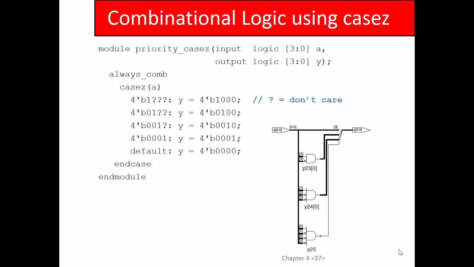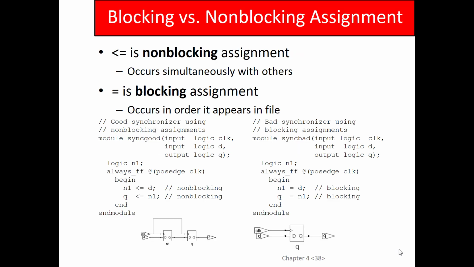Okay, so now we're getting to what I think is one of the most confusing parts of Verilog. You might have noticed that when I had always underscore flip-flop, I used this assignment statement that looks like an arrow.